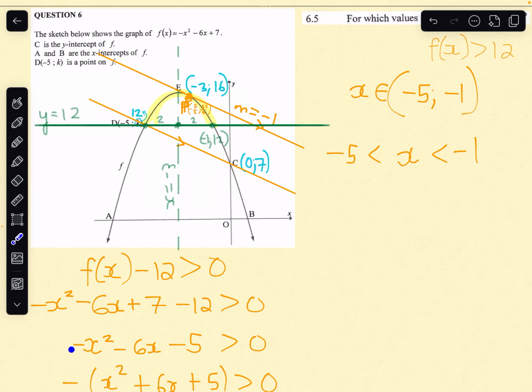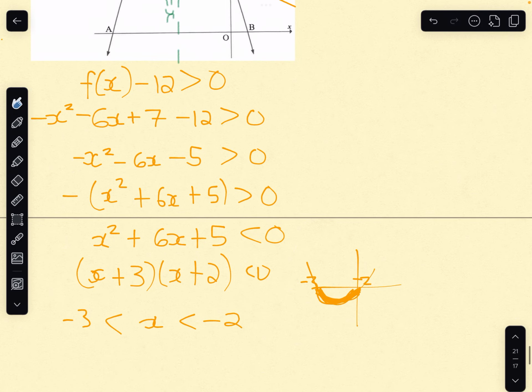So this is minus x squared minus 6x minus 5 greater than 0. Perfect. Then, oh, my factorizing is wrong. Sorry. 3 times 2 is definitely not 5. Oh, shocking, Mama T, shocking.